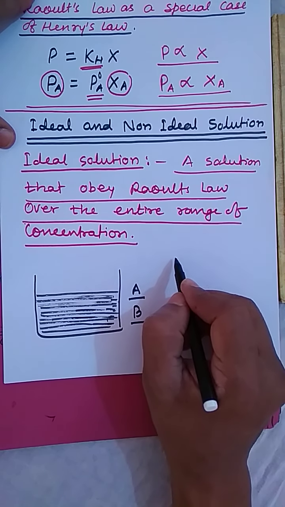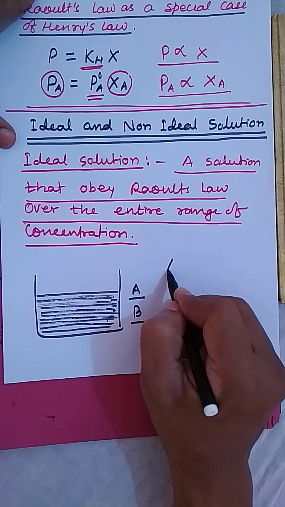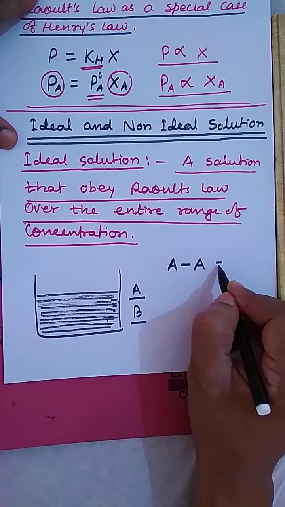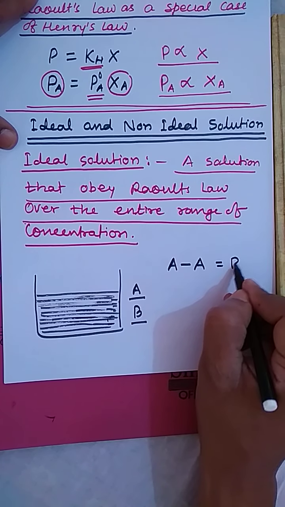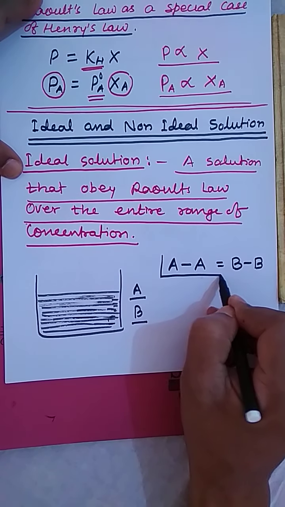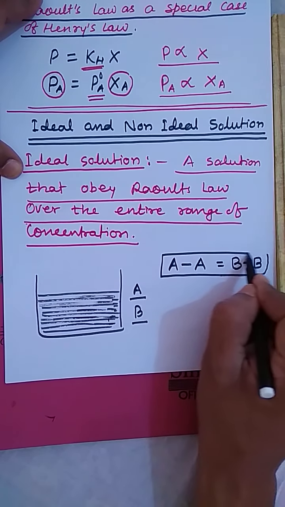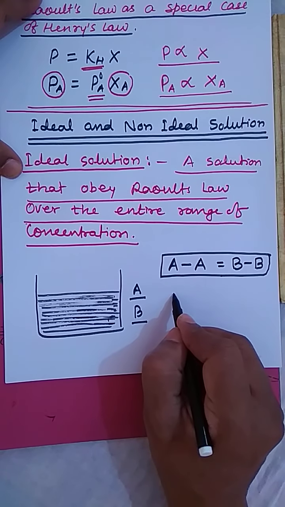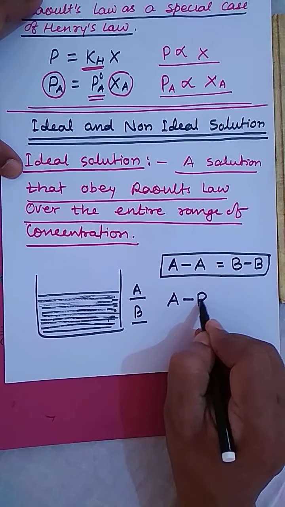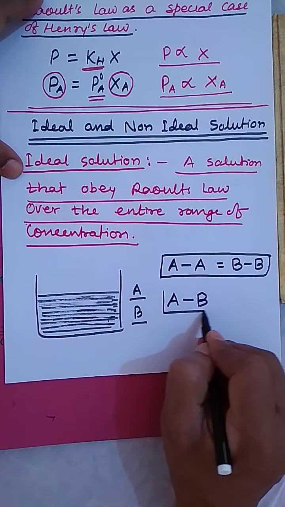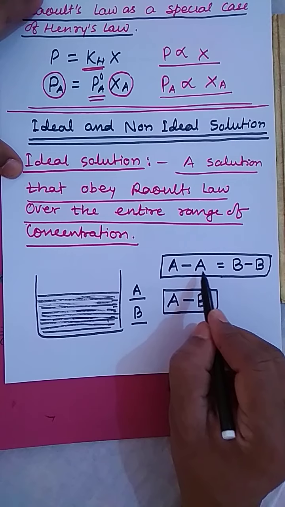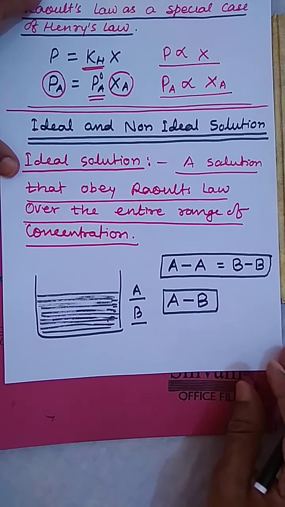So you see in ideal solution, interaction between A and A should be similar or nearly equal to B and B. And if you mix these two components, solute and solvent, a new interaction exists in solution, that is AB, and the interaction between AB must be nearly equal to AA interaction and BB interaction.